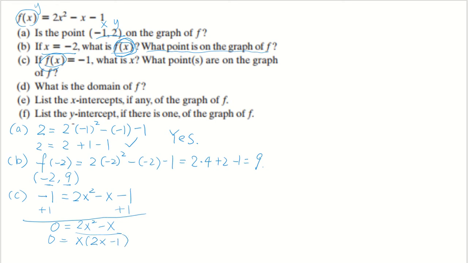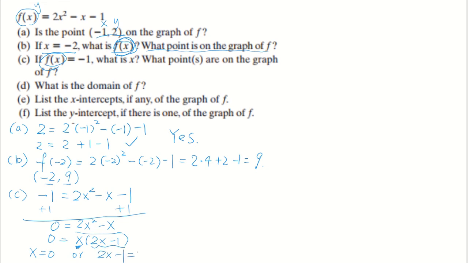Here you can come up with two equations. One is x equals 0, which is the first factor equal to 0, or the second factor equal to 0, which is 2x minus 1 equals 0. So two solutions here. One is x equals 0. The other one is x equals 1/2 if you solve these two equations.